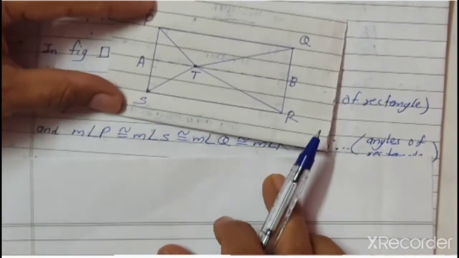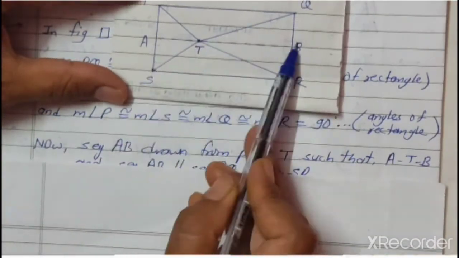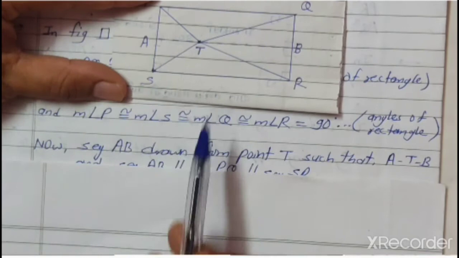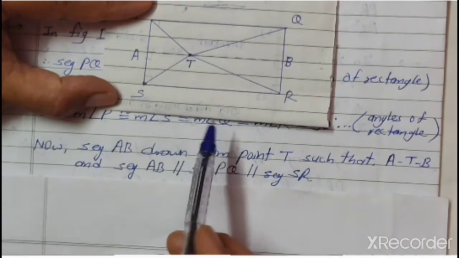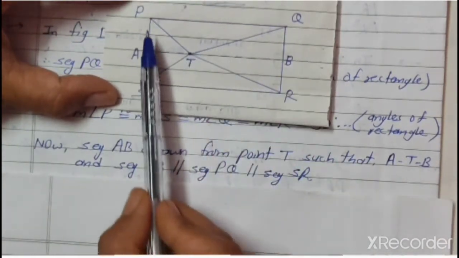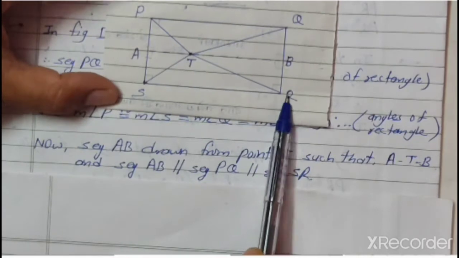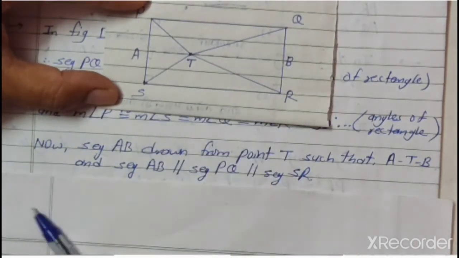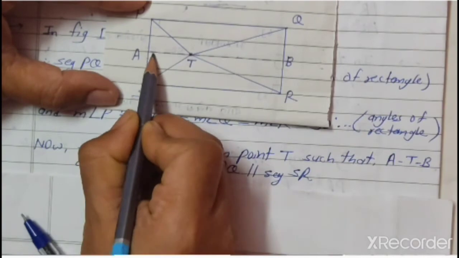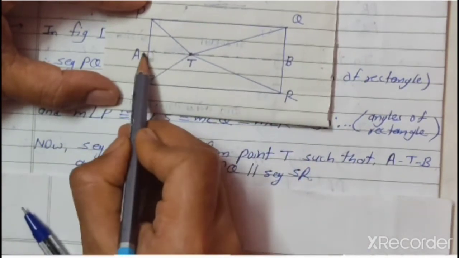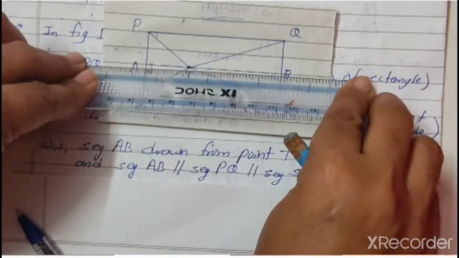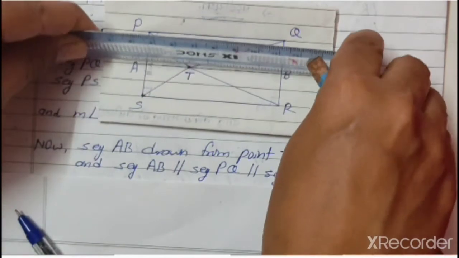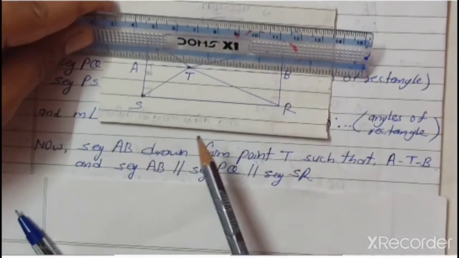Now this construction is given. The segment is passing through point T such that these three points are collinear, as well as this segment AB is parallel with PQ and parallel with SR. If these three segments are parallel, then this angle is 90 degrees. It means these newly formed quadrilaterals PQBA and ABRS are rectangles.